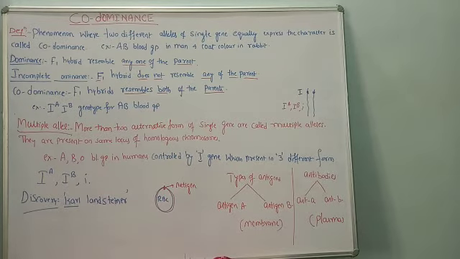Why? Because humans are diploid organisms. Each person possesses any two of the three I gene alleles. Now, these two alleles, capital I A and capital I B, are completely dominant over small i.